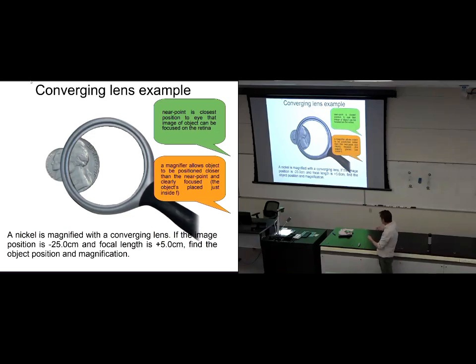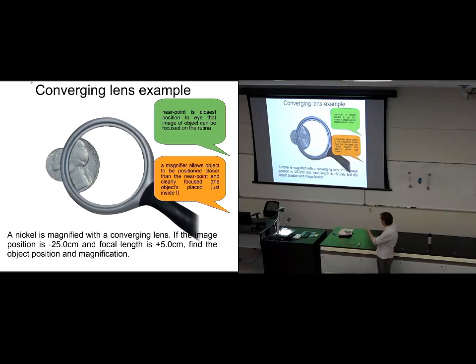A couple of remarks about this image position and this focal length. This is a converging lens, so the focal length is positive. So it makes sense that it's plus 5 centimeters. The image position, 25 centimeters, we're told is negative 25 centimeters, which means that it's a virtual image and it's on the front side of the magnifier.